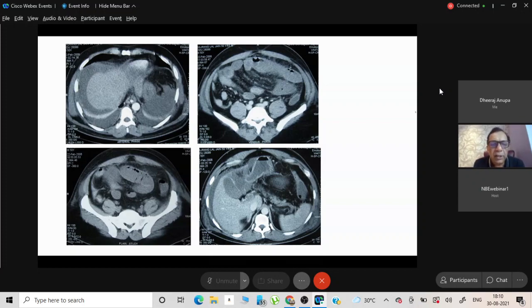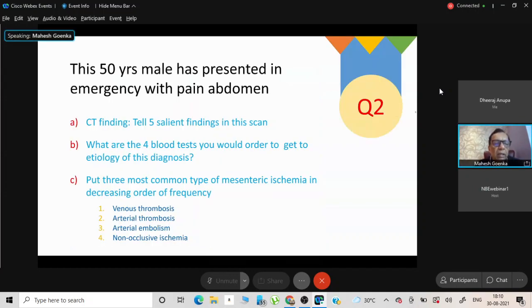So 50 years old male who has presented to the emergency with pain abdomen. So let's look at the second and third component.